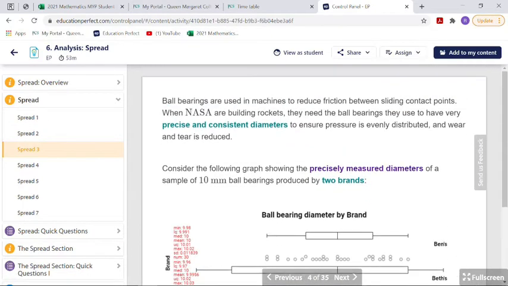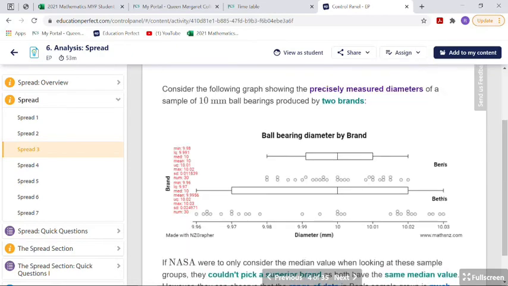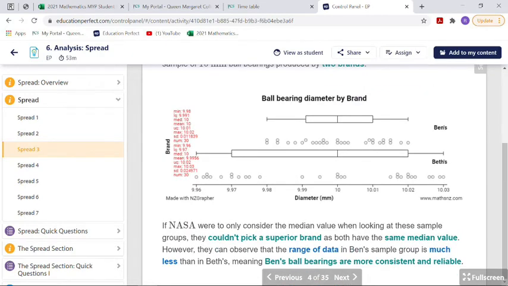So here we go. This particular one, we're talking about dimensions of ball bearings. And if you look at Ben's, the overall range of that is smaller than the range for Beth's. Do you see that? And so if the overall range is smaller, that means there's less variability. Well, if you were making ball bearings, would you want them to be some small, some big?